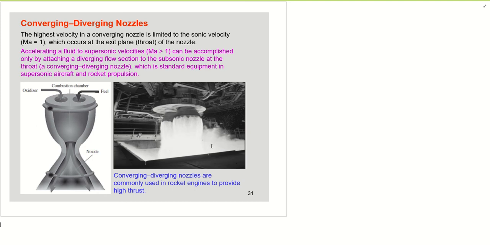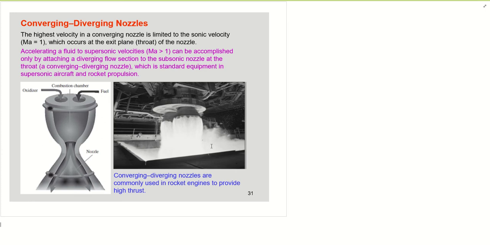In this case, the back pressure PB is still a very important parameter that we need to properly set in order to accelerate the fluid.